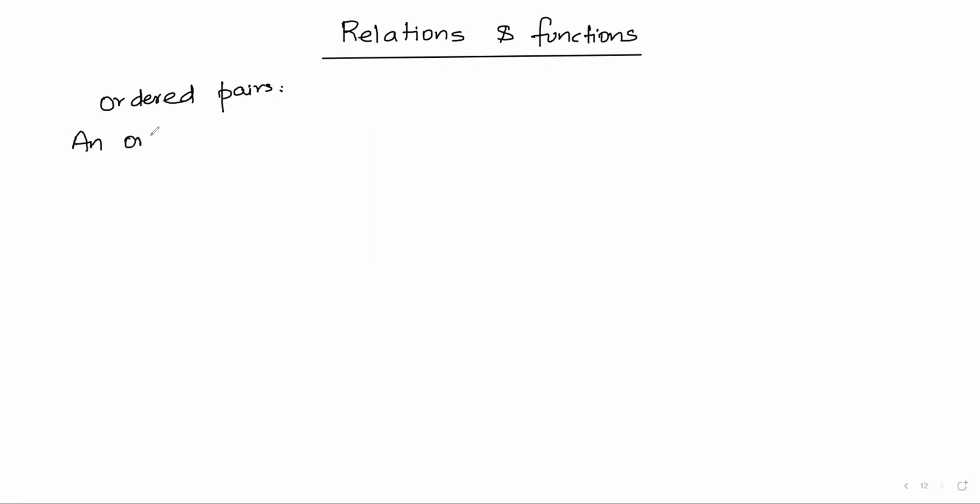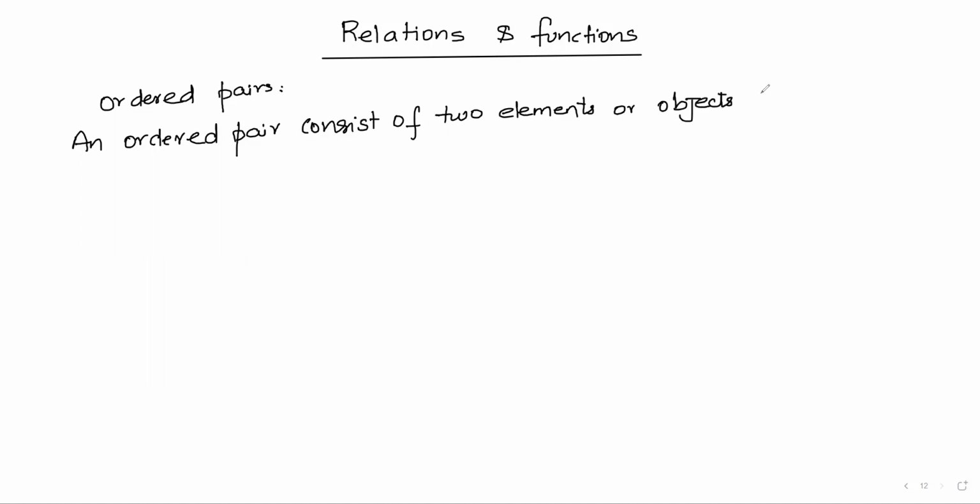An ordered pair consists of two elements or objects in a given fixed order.